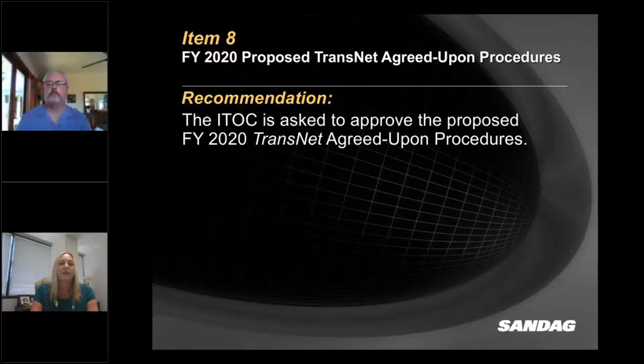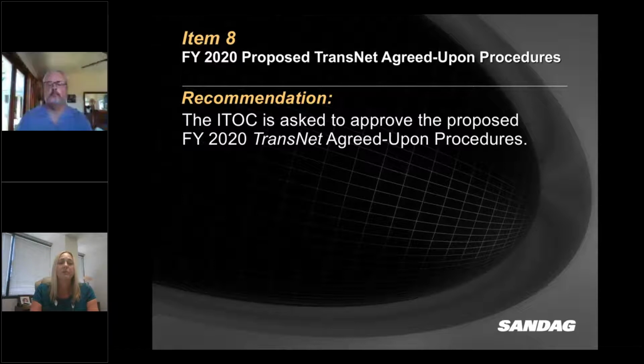As you may recall, last year for the fiscal year 2019 procedures, we made some substantive changes, including adding a specific test of payroll if salaries exceeded 20% of the total expenditures, and expanding our testing of indirect cost by adding a standard questionnaire.